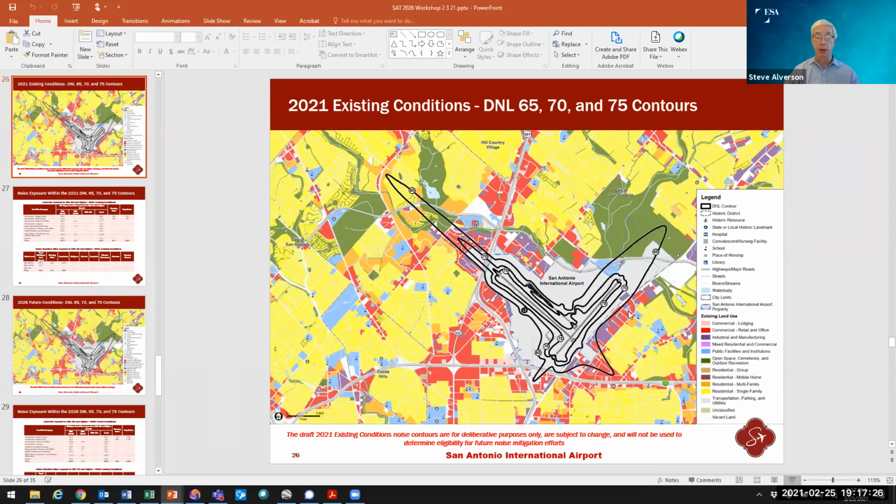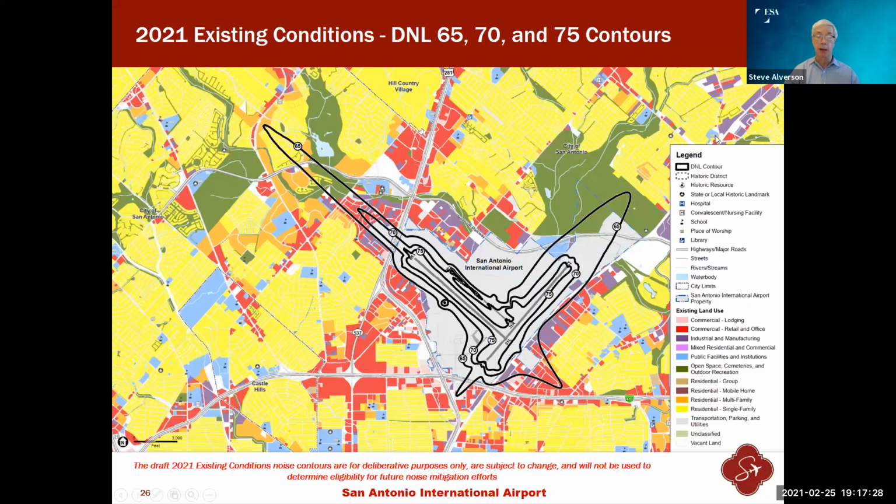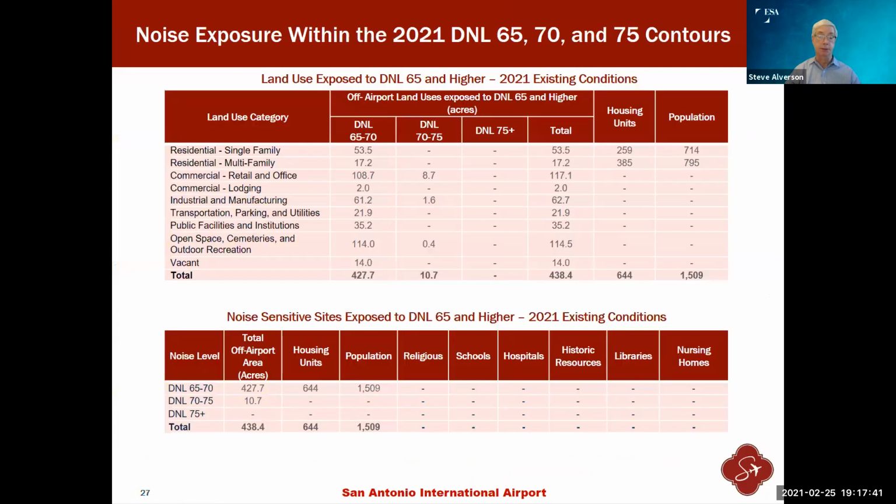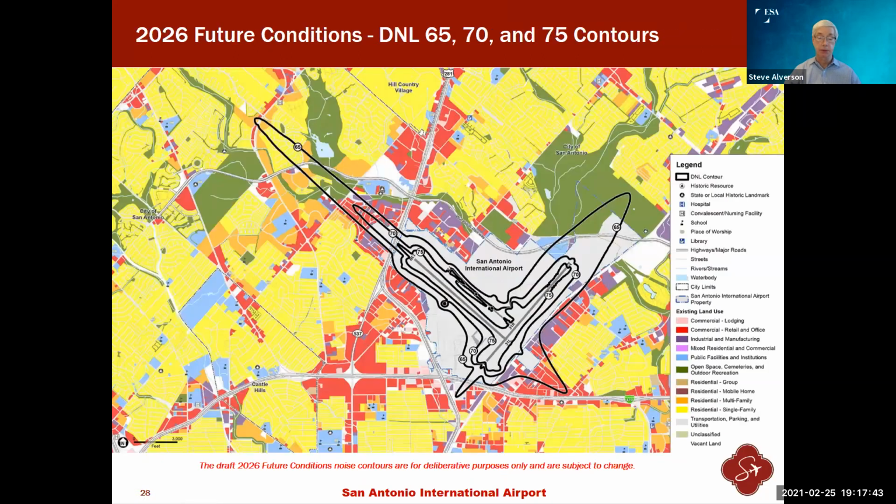So therefore, the city of San Antonio would not be pursuing additional funding because there would be no eligibility for it. And at least at the moment, there wouldn't be any residential acoustic treatment program moving forward based on the size of the contours. And I see Neil is bringing those contours up on the map now.